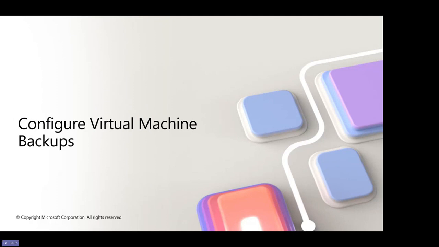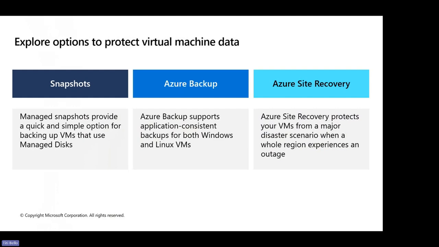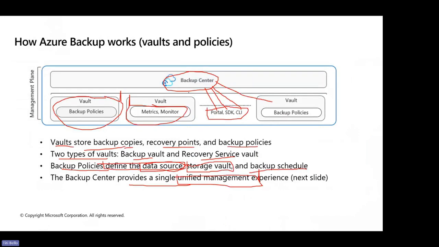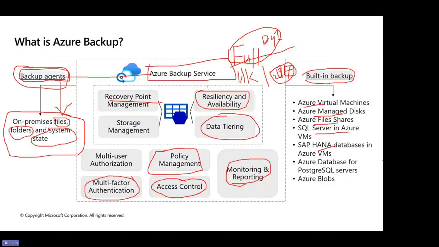Let's quickly talk about the fact that backup in Azure works for different resource types. We go back to the resource types that are supported. Here, you have the different resource types that we can apply backup for.